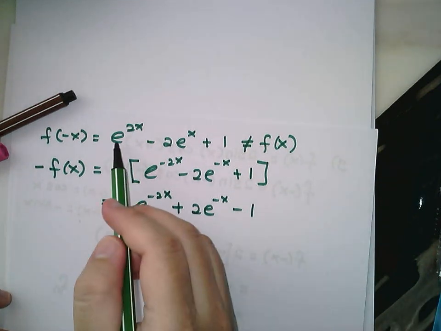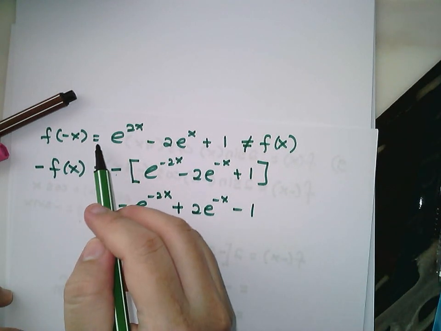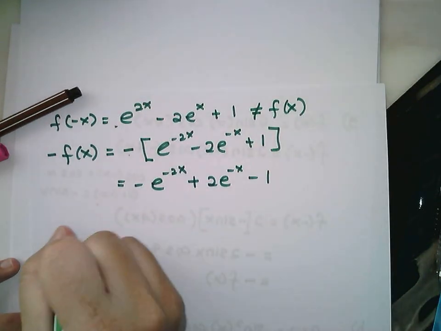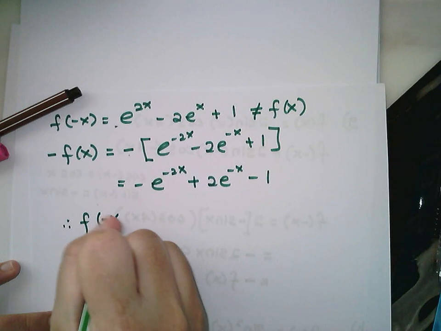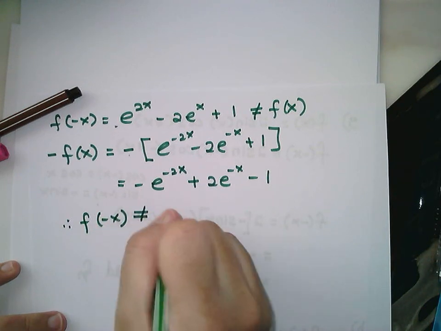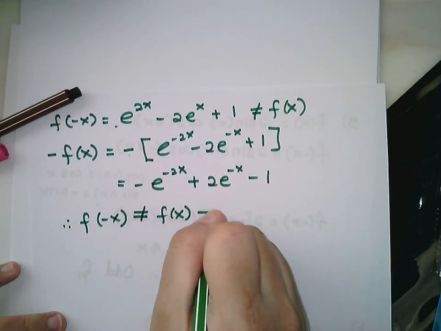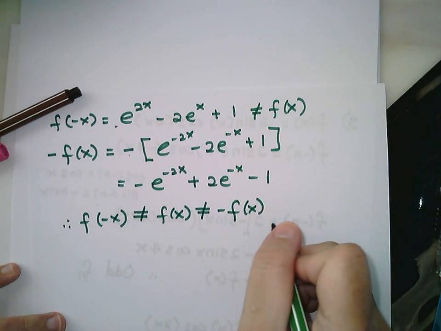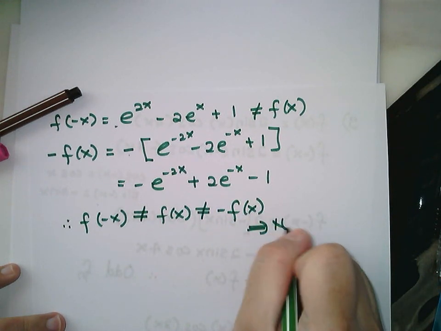If you compare this with f of negative x, it's also not the same. So therefore, f of negative x is not equal to f x, and is not equal to negative of f x. So therefore, this is a neither function.